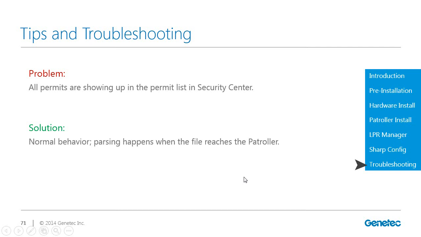But don't panic, because that's perfectly normal. The parsing of the permit file for use with the different permits only happens when it reaches the patroller. So don't be worried when you see all those different ones for a particular permit. The patroller will filter that out, and it's going to use the ones that it needs.